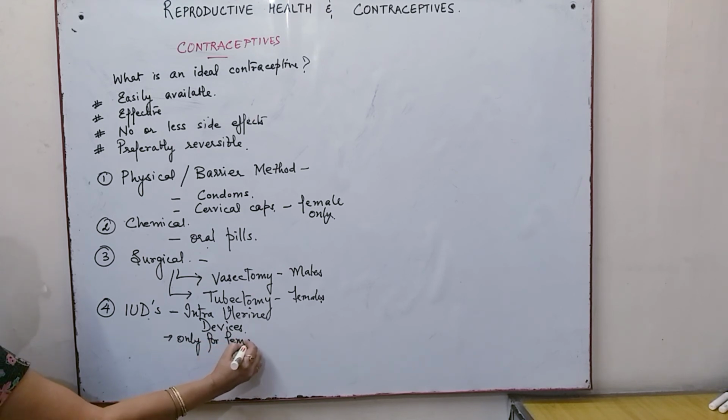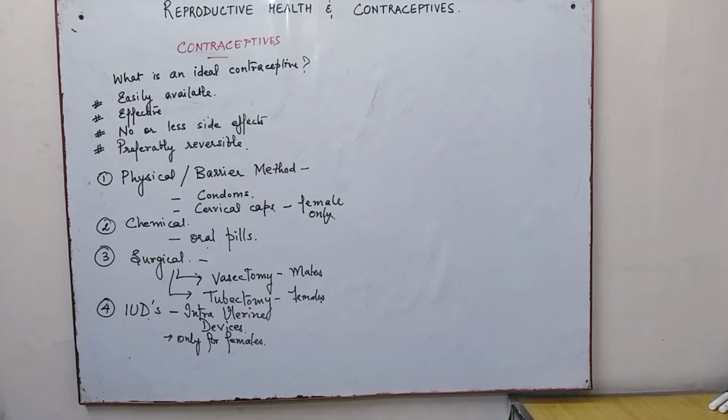These are the methods which are only for females. Here, the most common types of IUDs have certain structures like the loop or the copper T. These are simple plain devices which are placed in the uterus so as to prevent pregnancy. So these four are the major methods where we can avoid pregnancy.